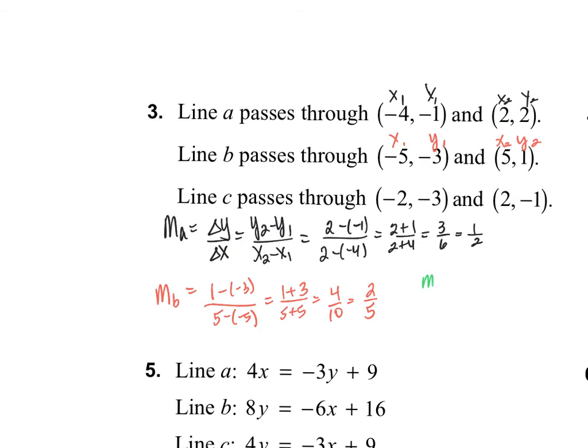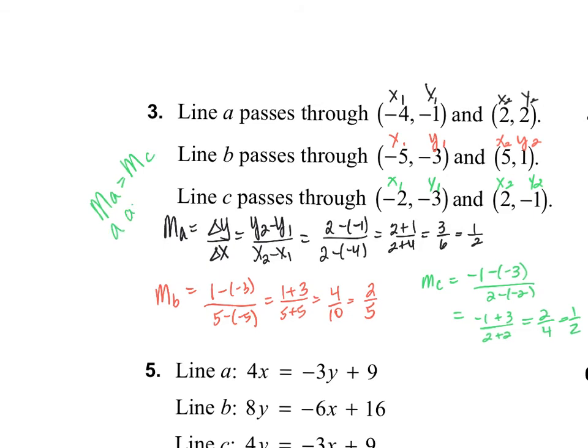Then we have slope of C, x1, y1, x2, y2, negative 1 minus a negative 3 over 2 minus a negative 2. So we have negative 1 plus 3 over 2 plus 2. So we have 2 over 4, which is positive 1/2. So it looks like A and C are the same. So A and C are parallel.